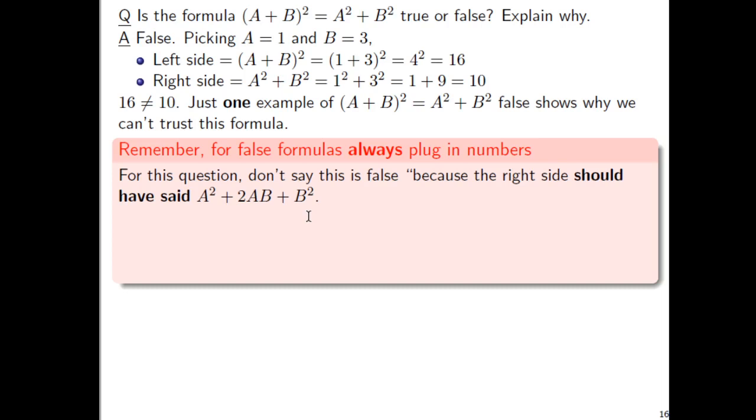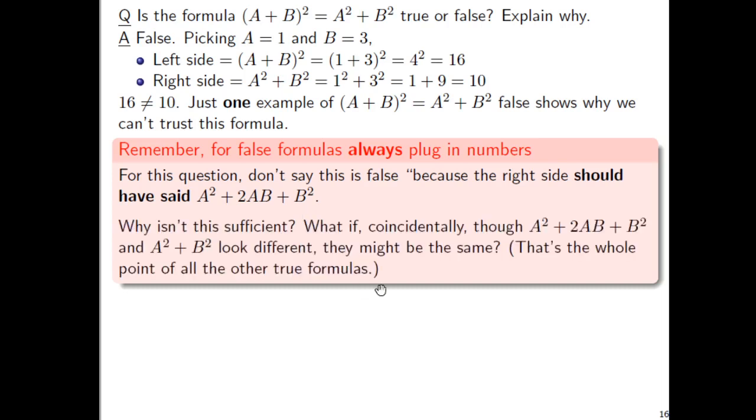And it doesn't really convince somebody that a formula that they're using, a false formula that they shouldn't be using, is false just by saying, no, no, no, you should just do this instead, right? That doesn't convince somebody that, first of all, the thing they're doing doesn't work. So that's why I really am saying for false formulas, you just need to plug in numbers. Okay? I mean, for instance, you might say, well, why not?